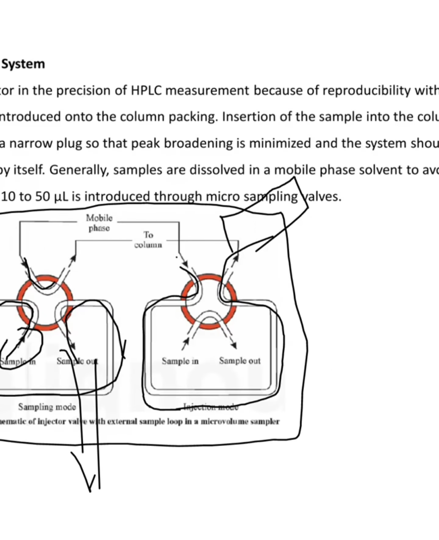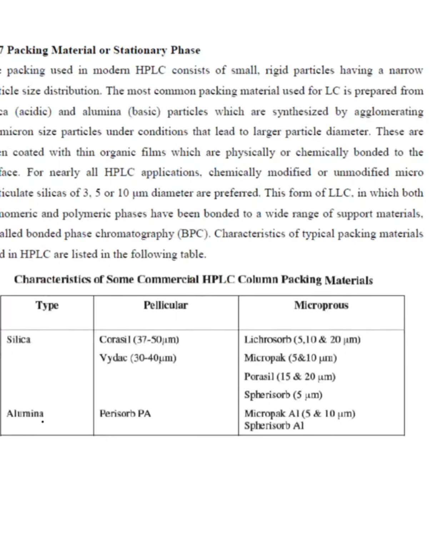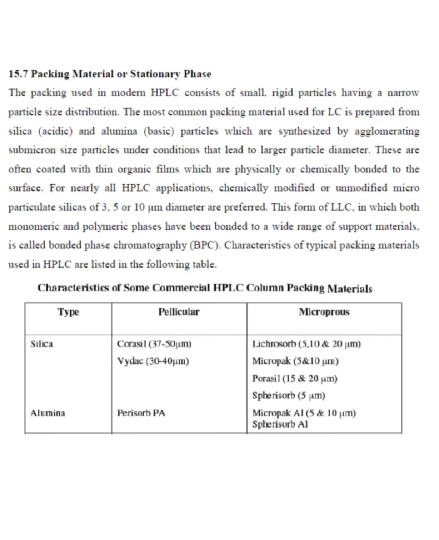Next is the packing materials. Different packing materials are used in the column. We are going to use silica and alumina as the stationary phase or packing materials.